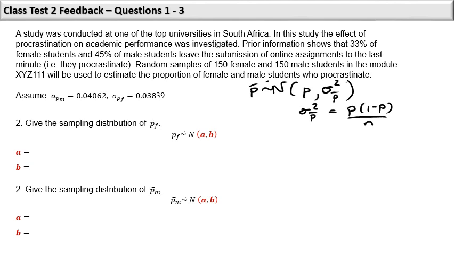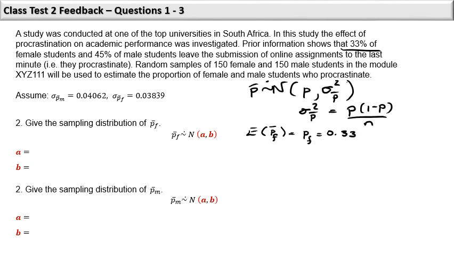Just always remember that we do not give it as a standard error. It's the standard error squared, the variance of P bar. So in this case, we will recall that for females, the expected value of P bar females is nothing but P of females, and we are given in the question that it is equal to 0.33.